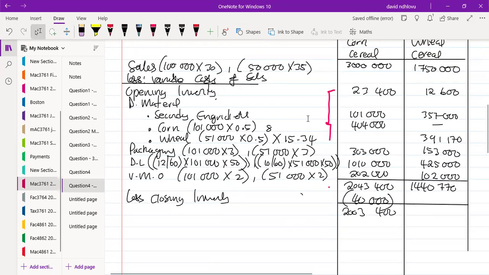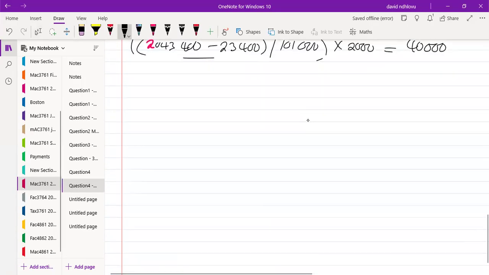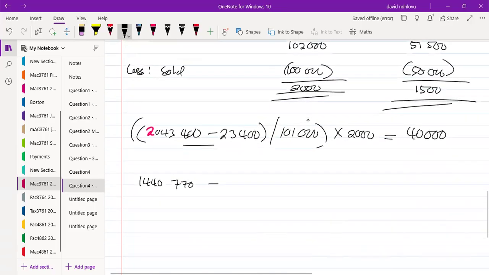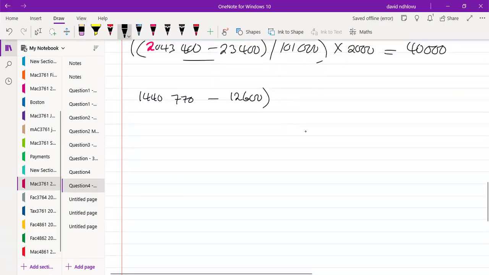Opening inventory, closing inventory calculation is usually a challenge for students. Hopefully we are clear. Right, then we deduct the opening inventory amount, which is 12.6. Right, then we divide this by the number of units produced. Remember, when I solve this bracket, I then remain with current production cost divided by the number of units produced.